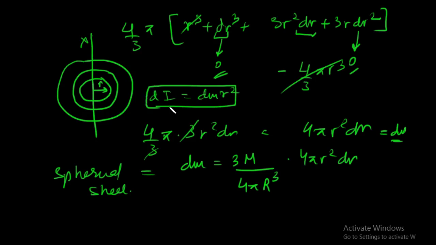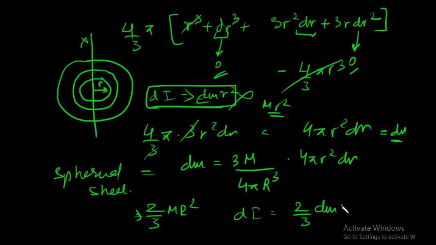But this is not the moment of inertia. dI will not be equal to dm r square because this is a spherical shell. This is not a ring. Earlier I had assumed a ring had a moment of inertia of mr square, which I derived earlier, but the spherical shell has a moment of inertia of 2 by 3 mr square. So this differential moment of inertia would be 2 by 3 times dm r square. This would be the moment of inertia for this spherical shell.